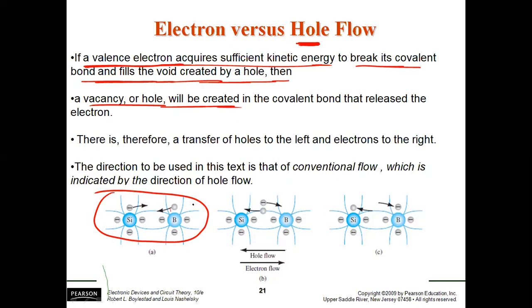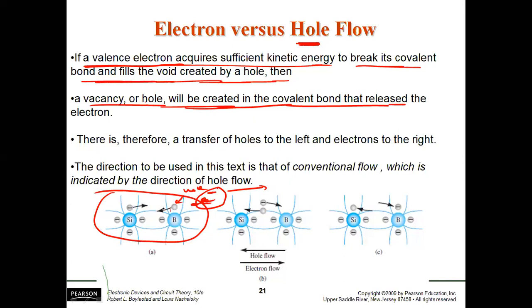So there is a hole created, a vacancy in the covalent bond. This electron is in its free state, and the vacancy is called a hole. It is easily understandable that this electron contributes to the flow of current because it is in a free state. But how can we say that the hole also contributes to current?